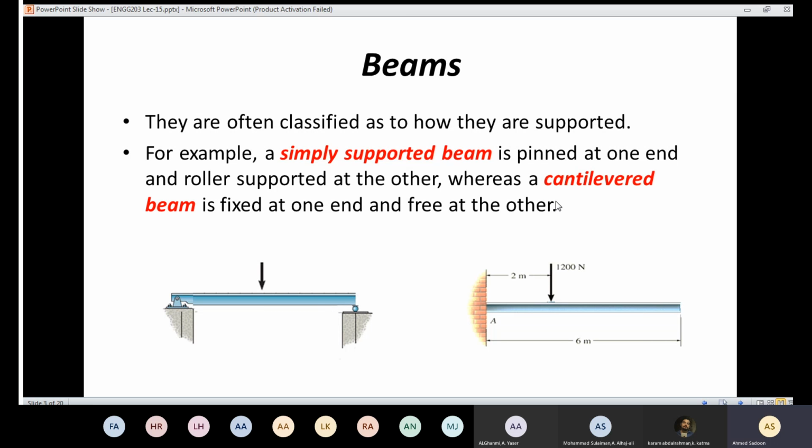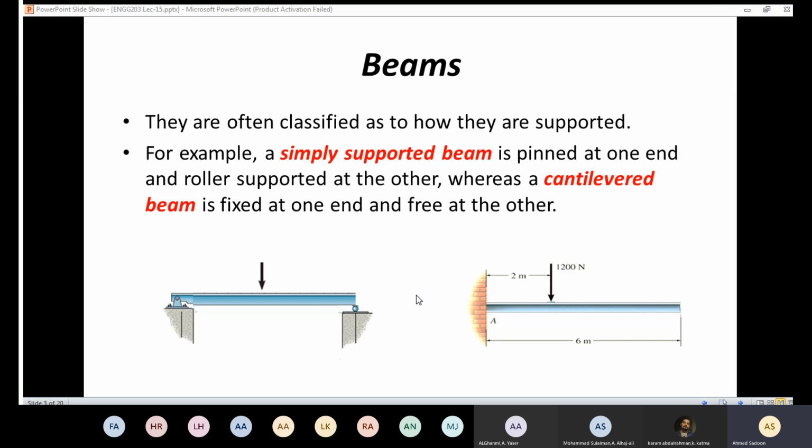Also, we have the cantilever beam. In that case, the beam is going to be fixed at one end and the other end is going to be free. So usually we are going to face simply supported beam problems a lot, and also cantilever beam problems a lot.